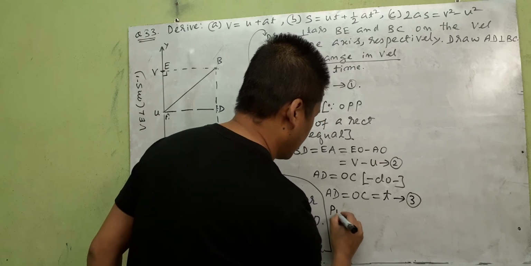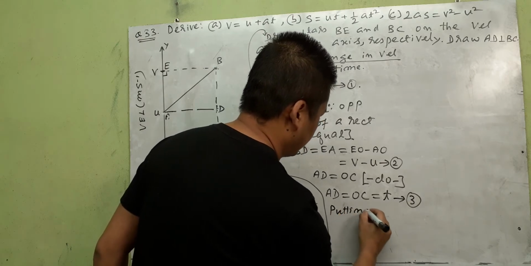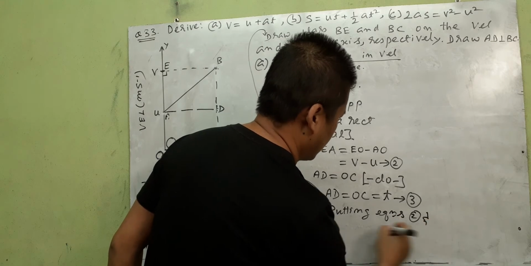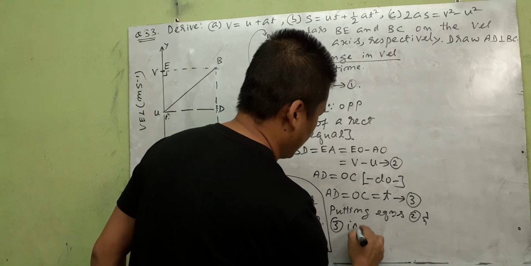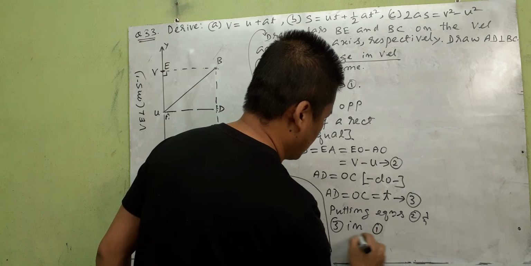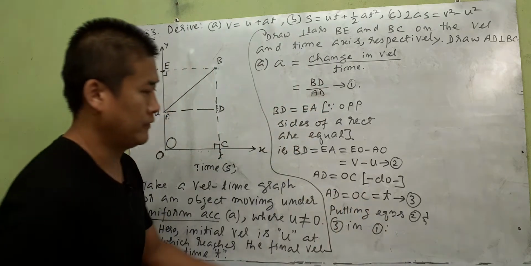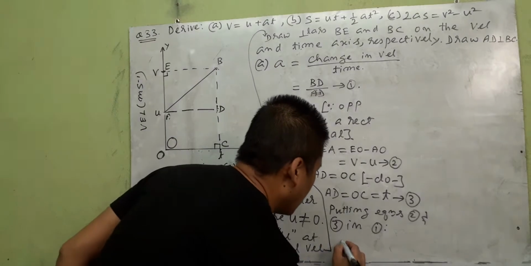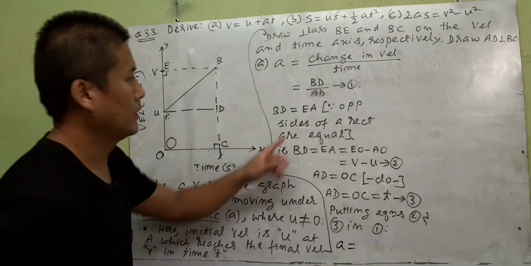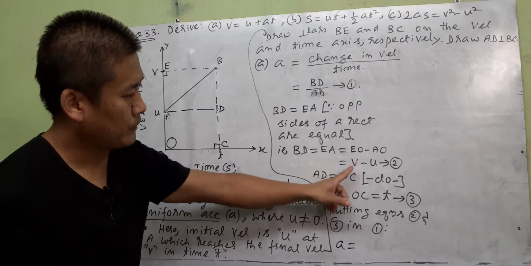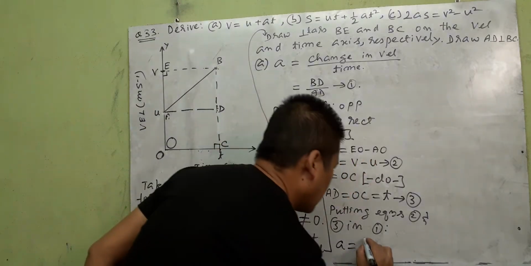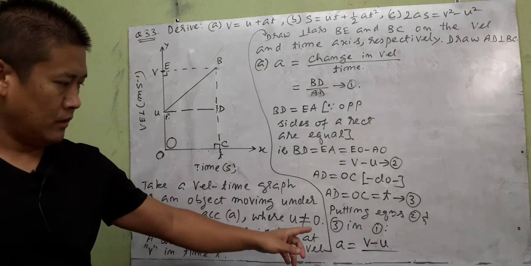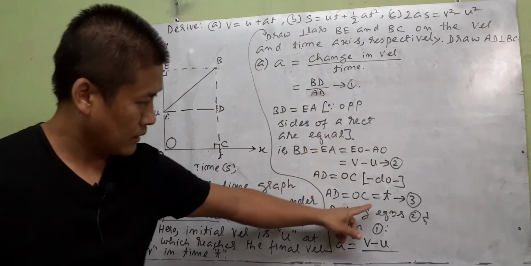Now let us say putting equations 2 and 3 in equation number 1. What will we get? If you put these values of 2 and 3 in 1, you will get a equal to BD, which is V minus U, divided by AD, which is equal to t.